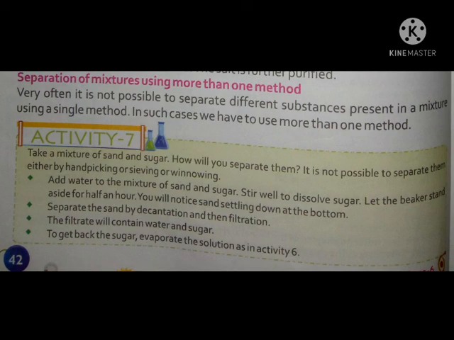Activity 7. Take a mixture of sand and sugar. How will you separate them? It is not possible to separate them either by hand picking, sieving or winnowing. It is impossible.